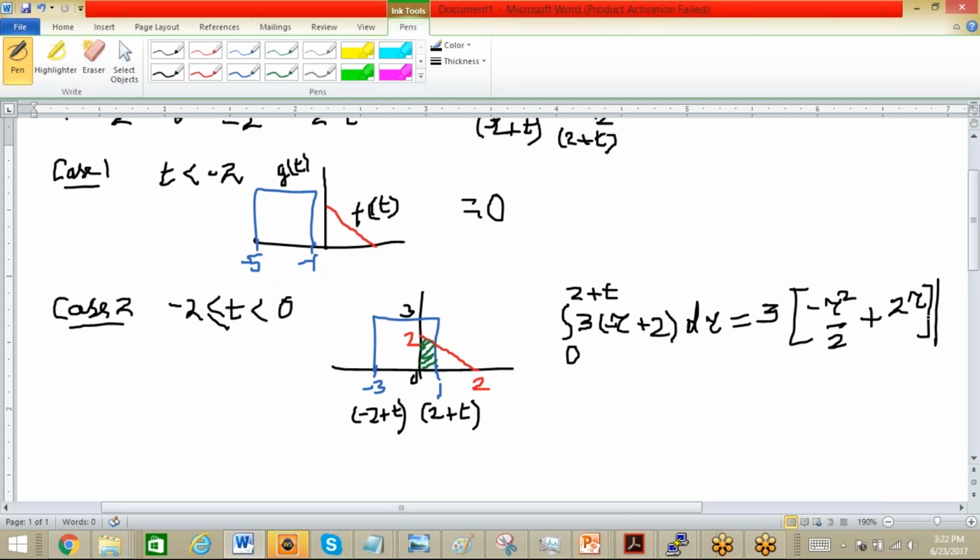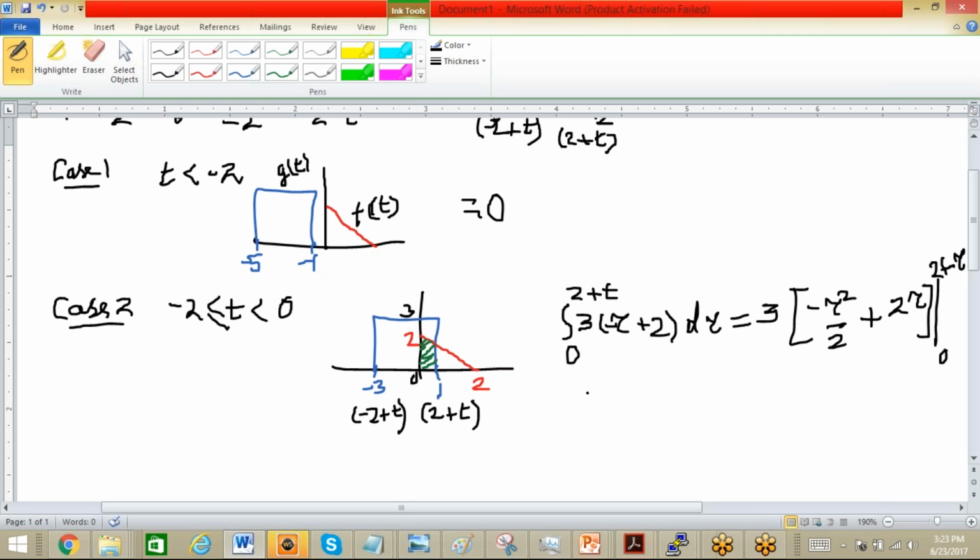And the range over here is from 0 to 2 plus tau, right? 0 to 2 plus tau.